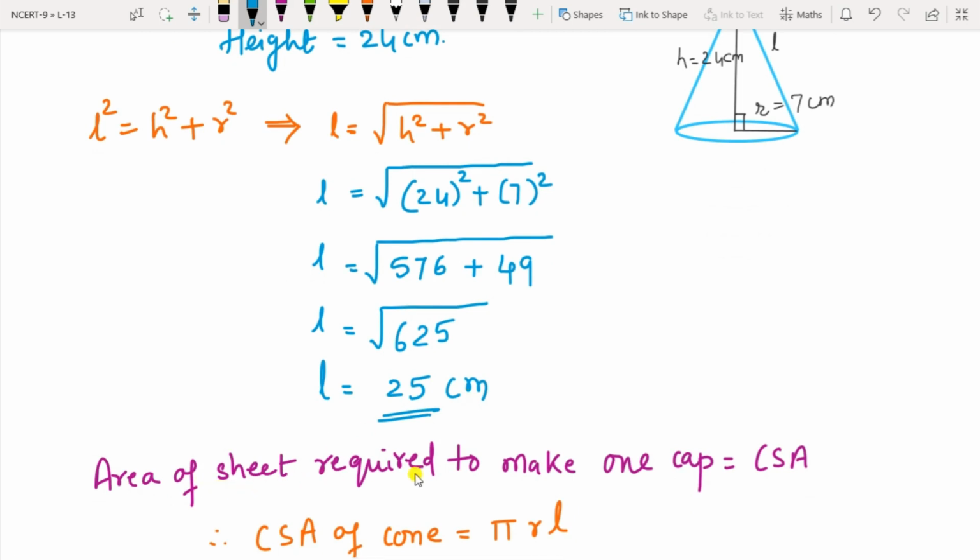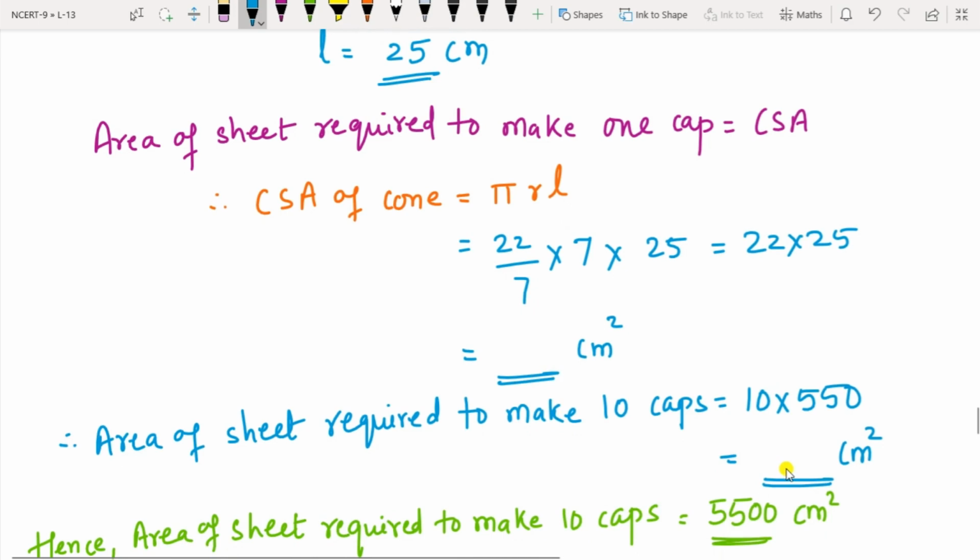So area of sheet required to make one cap, that is curved surface area. So area of cone is pi RL. So it becomes 550 centimeters square. This is the curved surface area of one cone, that is one cap, which is in the shape of a cone.